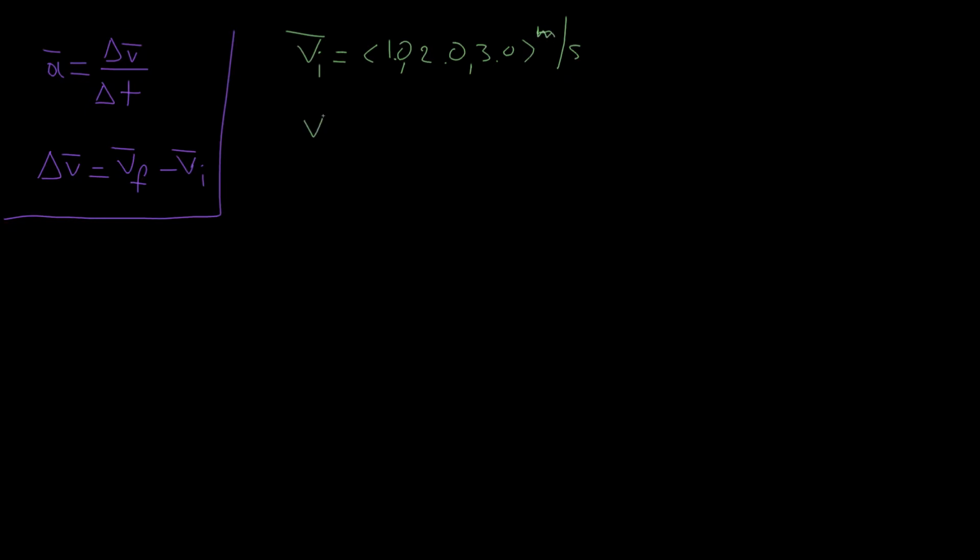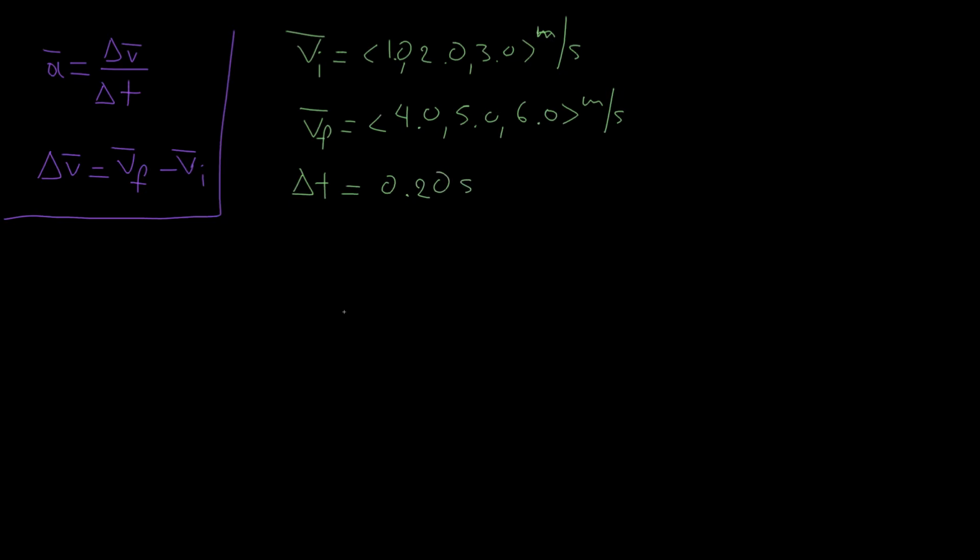I have a final velocity that is, again, simple numbers, 4, 5, and 6. And this is in the same units. Okay. And I have a time interval delta t of 0.2 seconds.